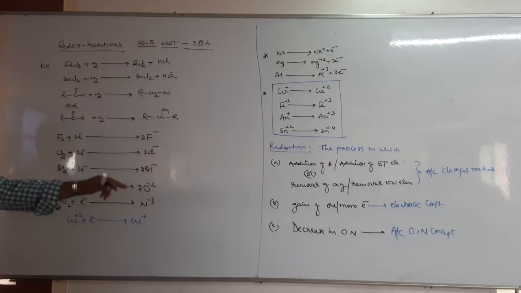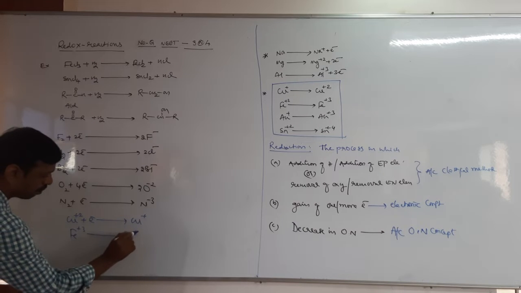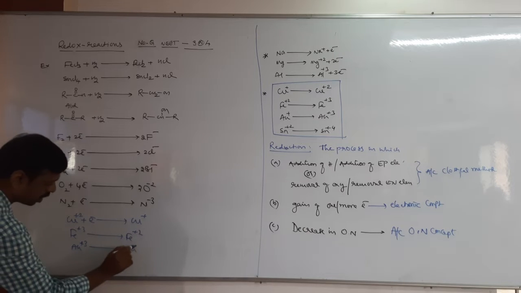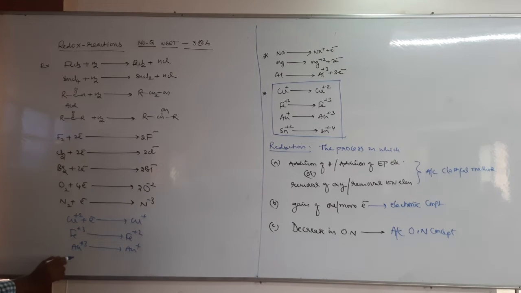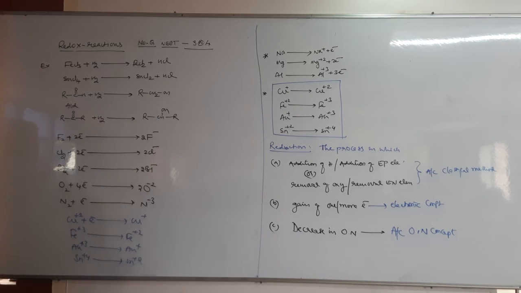Cu plus 2 to Cu, opposite. Next, Fe plus 3 to, tell me, Fe plus 2. Next, Au plus 3 to Au plus, and Sn plus 4 to Sn plus 2. So these are all examples for reduction.